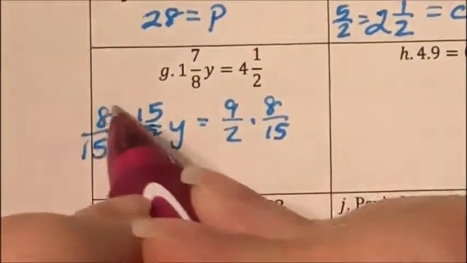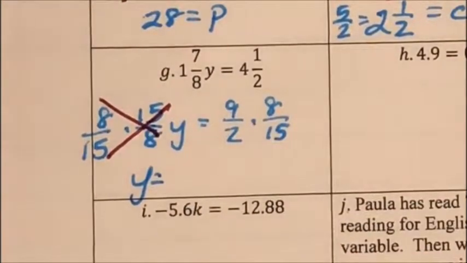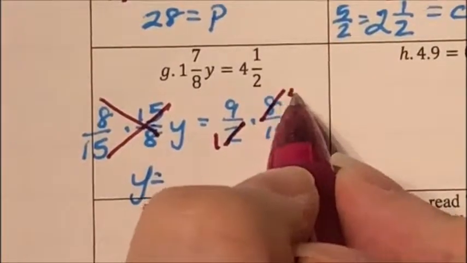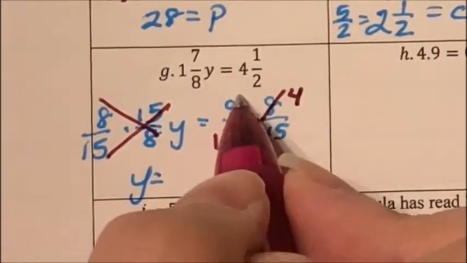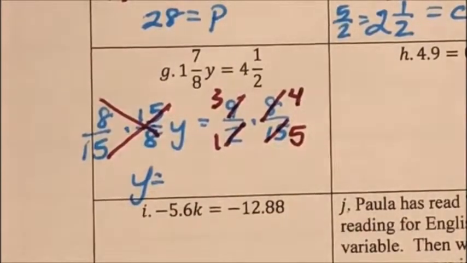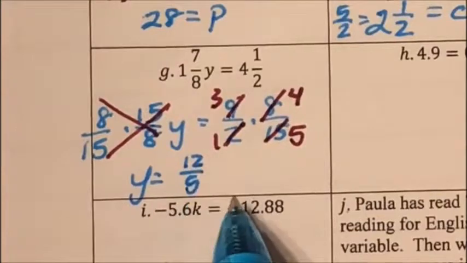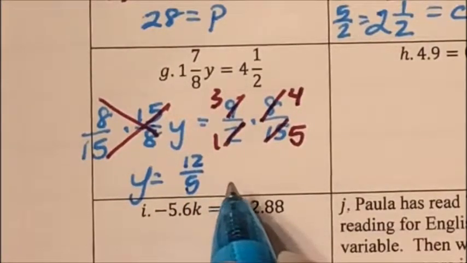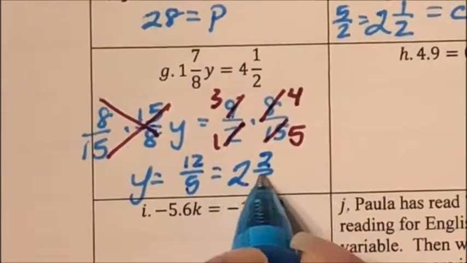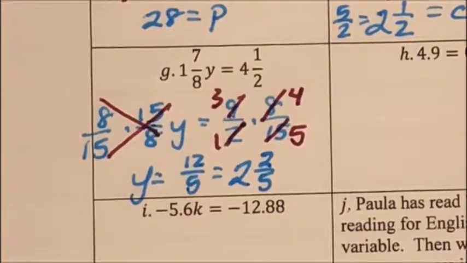Okay, these will cancel. I'm left with Y equals, I can simplify some stuff. 2 becomes 4, 3, 5, so I get 12/5. 5 goes into 12 2 times with 2 left over, so I get 2 and 2/5.